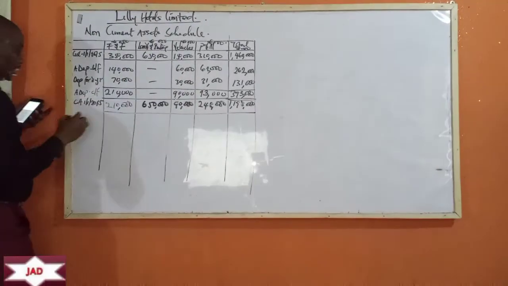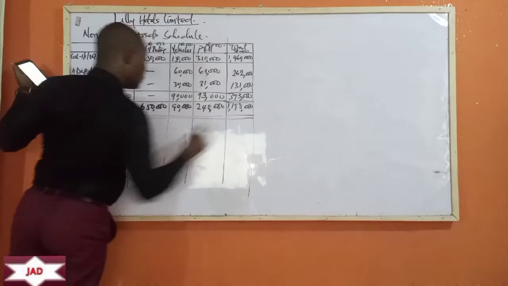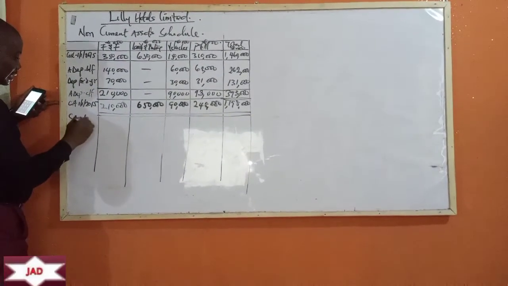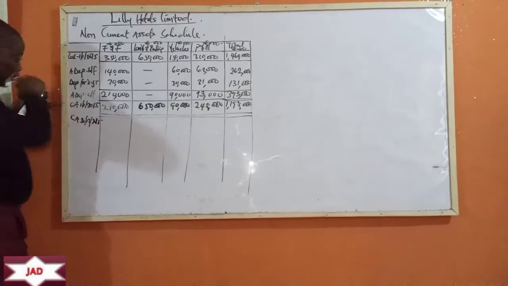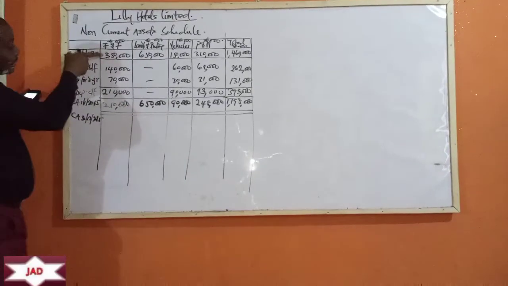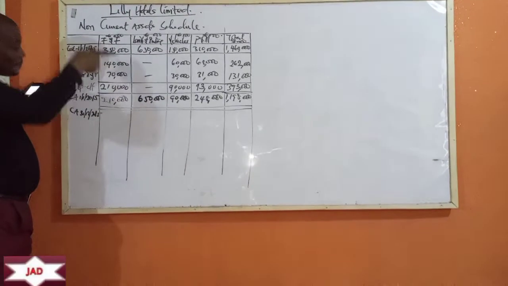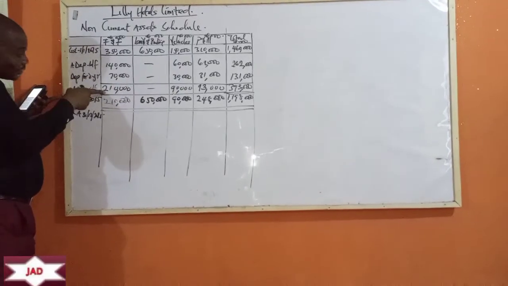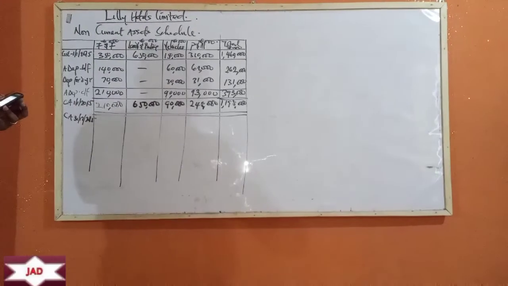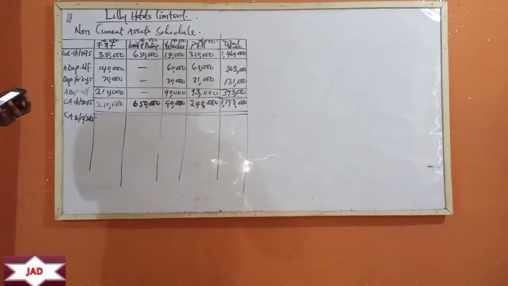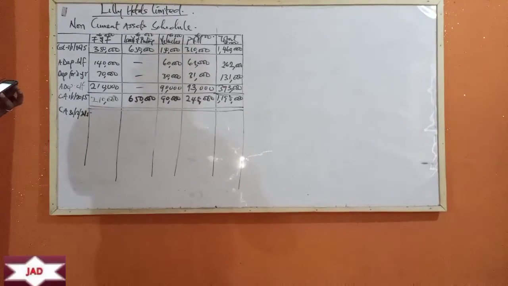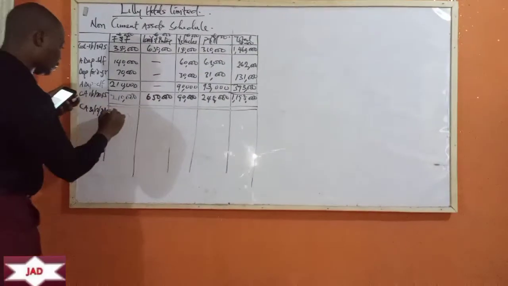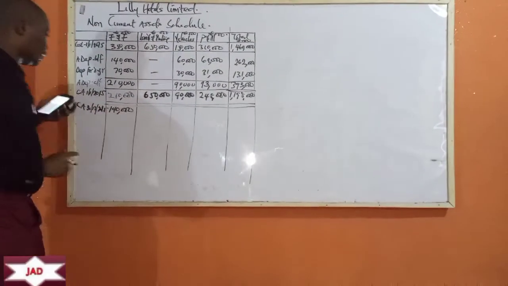Then we can now say what is the carrying amount as at 31st December 2015. That will be the cost as at 1st January 2015 minus depreciation carried forward. That will be 350 minus 210 here. So 350,000 minus 210,000 gives us 140,000.